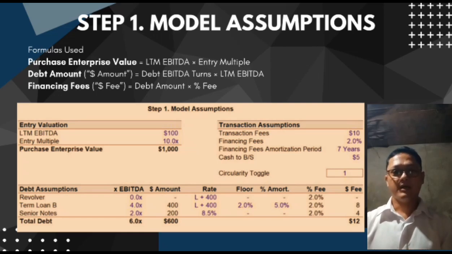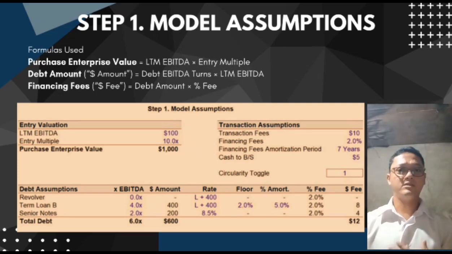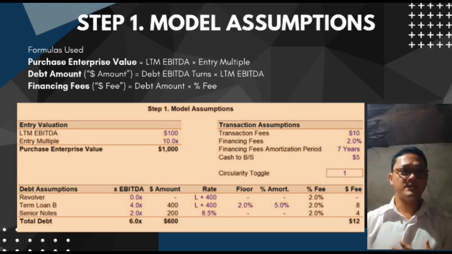For example, if LIBOR was at 1.5% and the floor was 2.0%, the interest rate on the term loan B would be 2.0% plus 4.0% equals 6.0%. But if LIBOR was 2.5%, the interest rate on the TLB would be 2.5% plus 4% equals 6.5%.